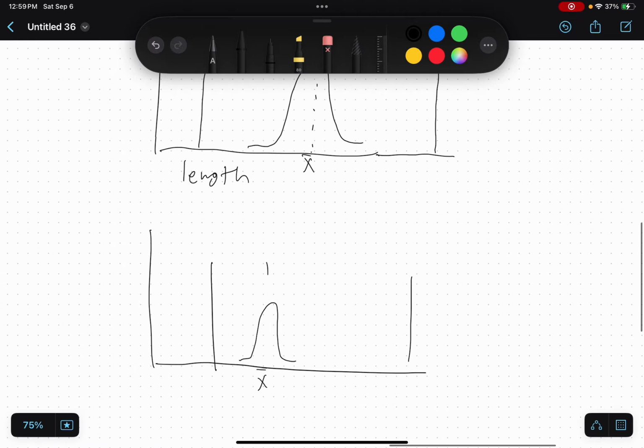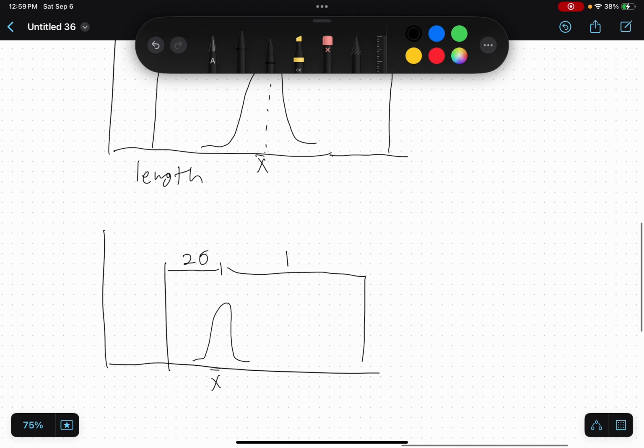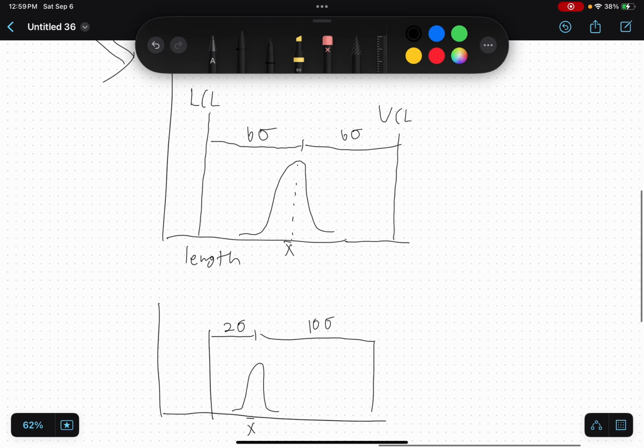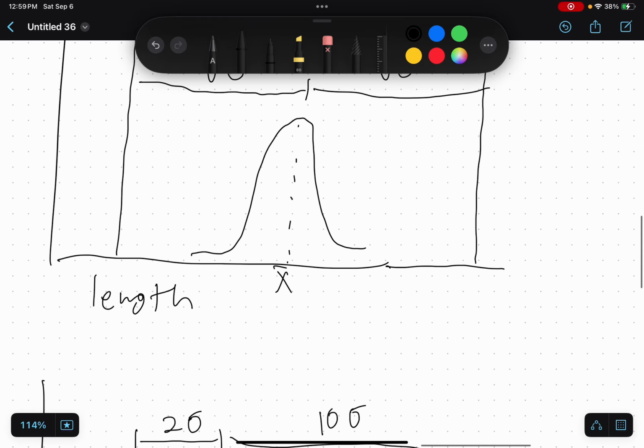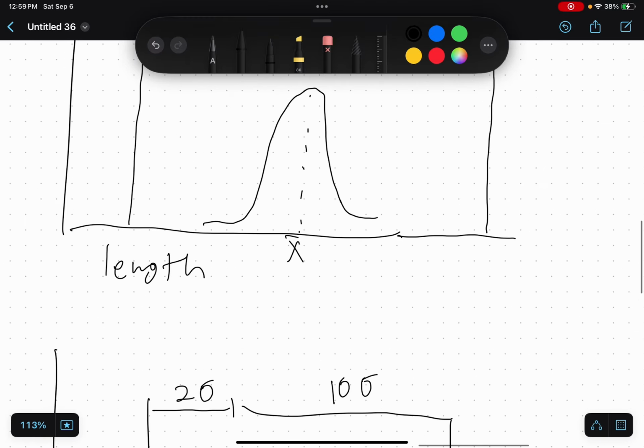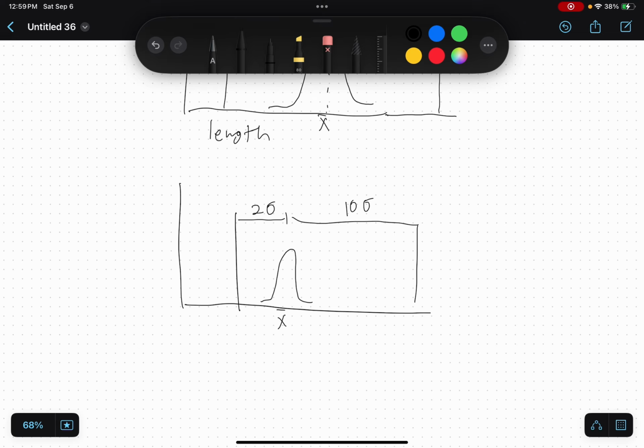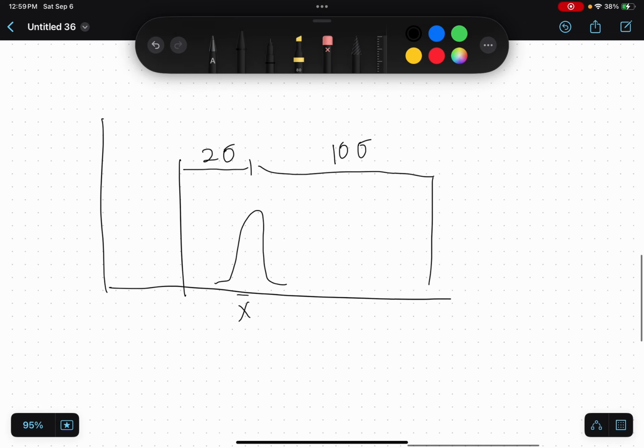And now maybe you have 2 standard deviations here, and you have the remaining 10 standard deviations over here. That is not good. But we'll cover that with CP and CPK in the next video. This video is just going over the concepts. So if X bar isn't in the middle, you'll end up with less than 6 standard deviations on one side. On one side, you have 10, which is great, but on the other side, you have 2, which is not great.